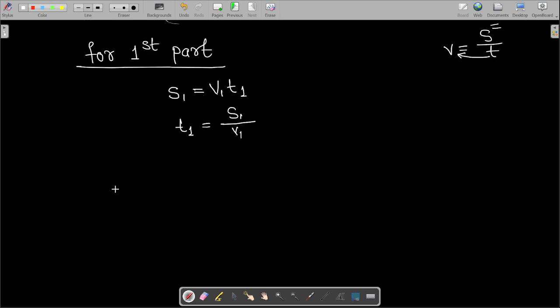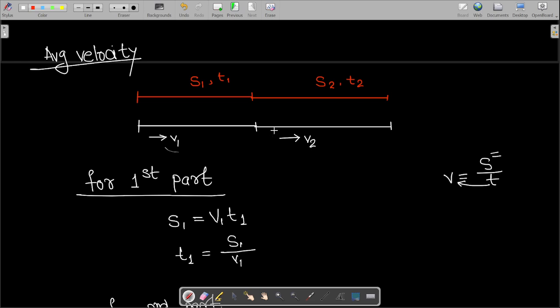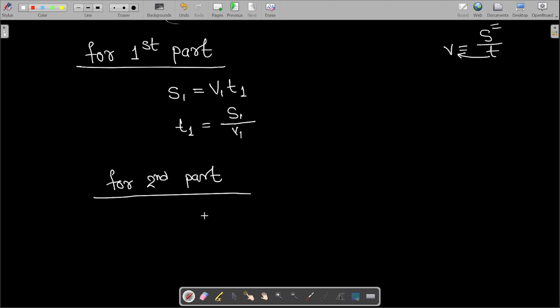Now see, for the second part, let me number the points 1, 2 and 3. From 2 to 3, tell me what will be the value of s2, the displacement covered during the second phase.